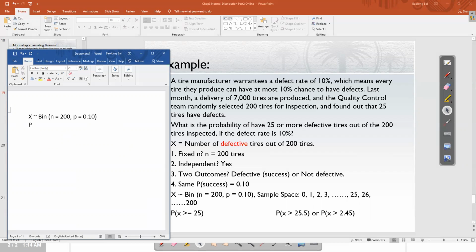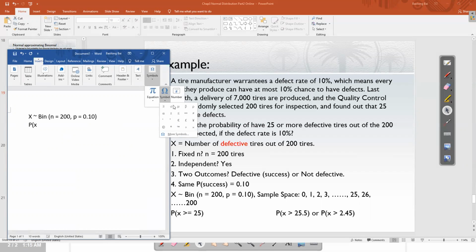To find the probability of x greater than or equal to 25, using the binomial process will be very, very hard, right? So we're going to use normal approximation.